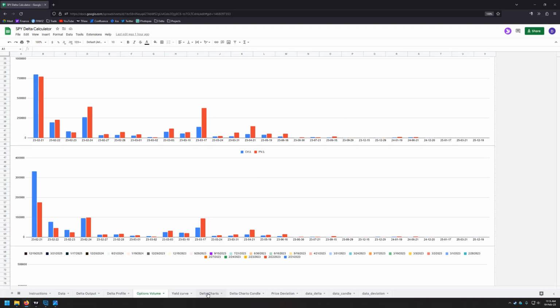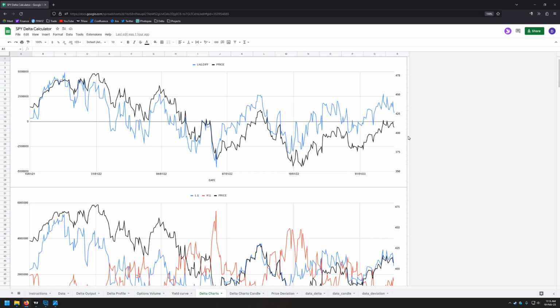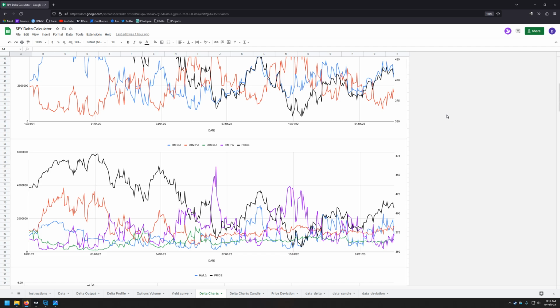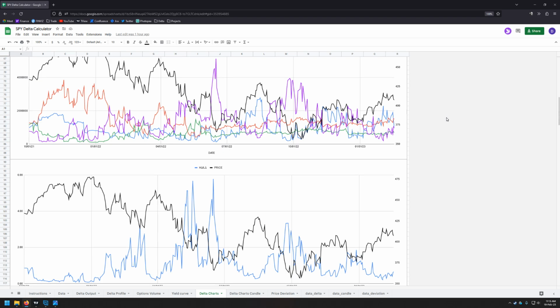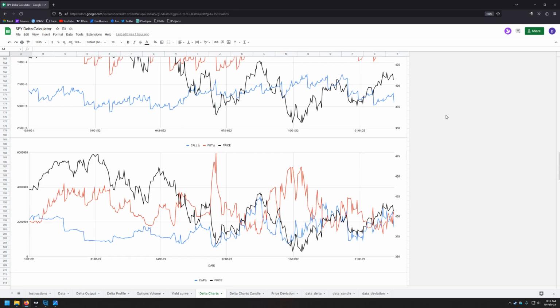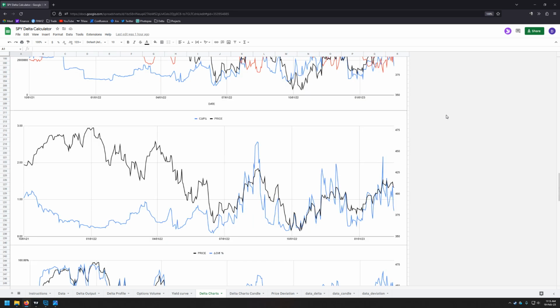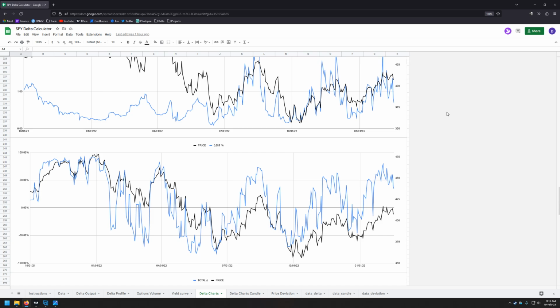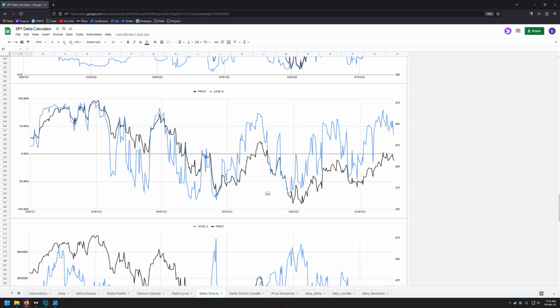As the last thing, I'll go through the delta charts a bit. There were a couple I wanted to do. So this is delta difference. Imagine we can draw trend lines on this as well. It won't make a difference.